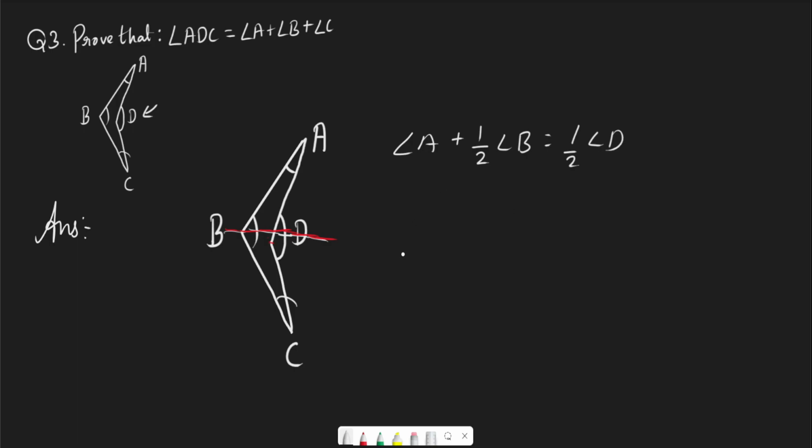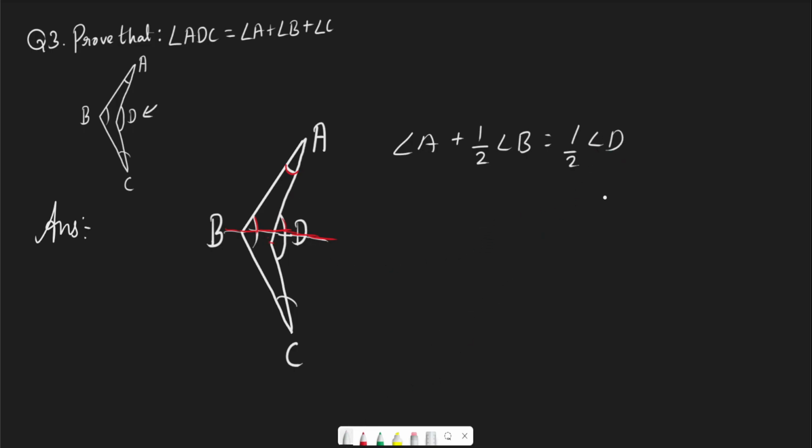It is because of the exterior angle sum property. This angle A and this half angle B should be equaling half angle D. That is the reason, okay?